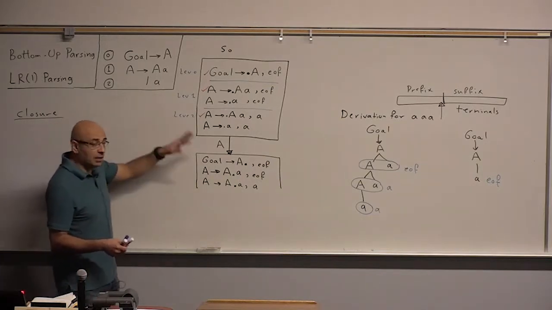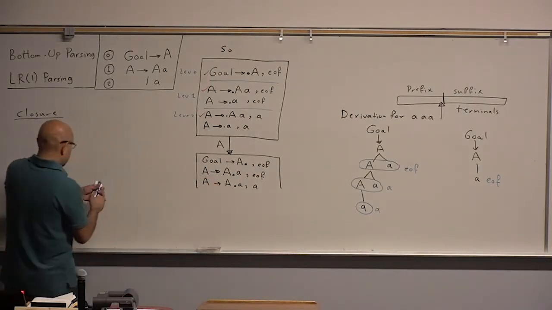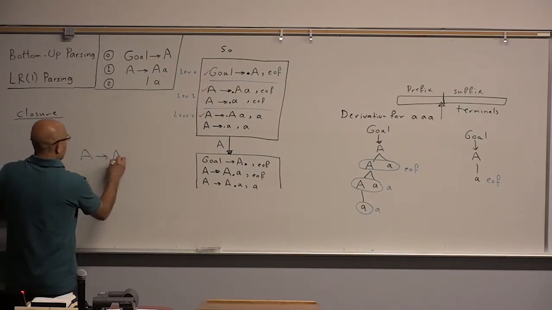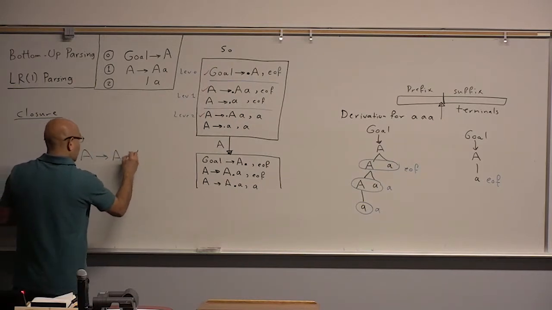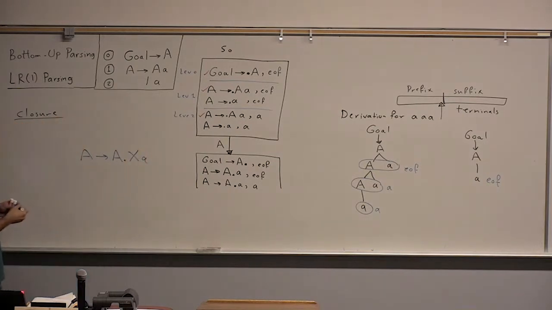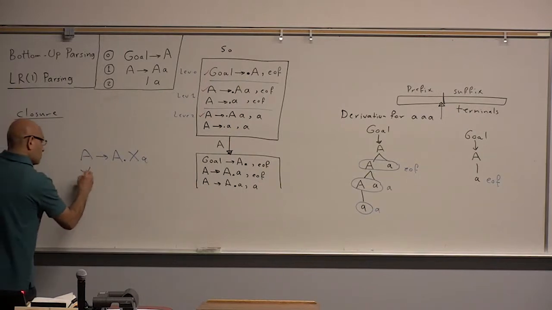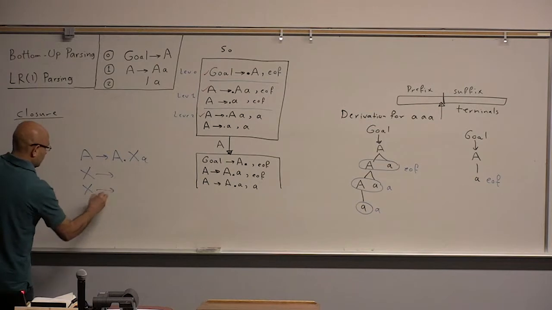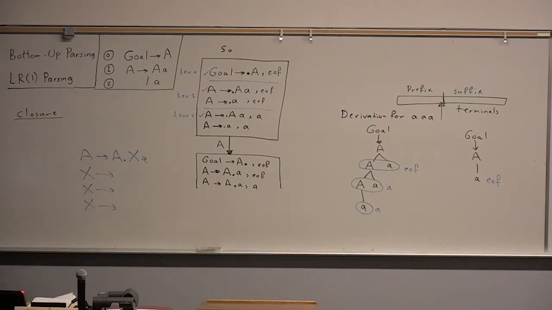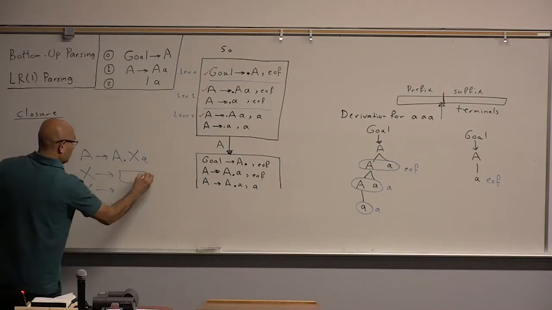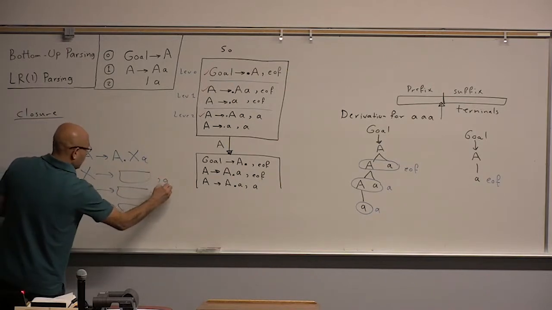If we had a placeholder followed by a non-terminal, like, for example, A dot X A, then we should continue, and we should put the rules or productions for defining X. And there may be multiple rules for defining X. Now what will be the follow for this X? It will be an A. So all the rules for defining X followed by an A.